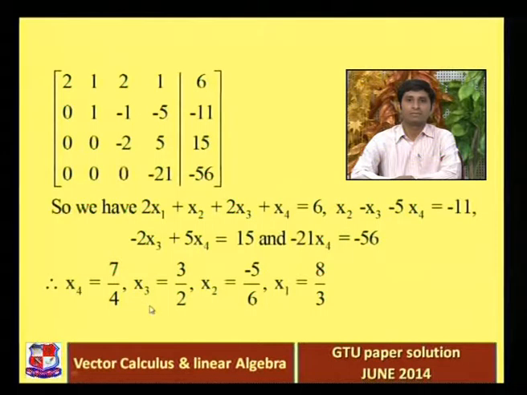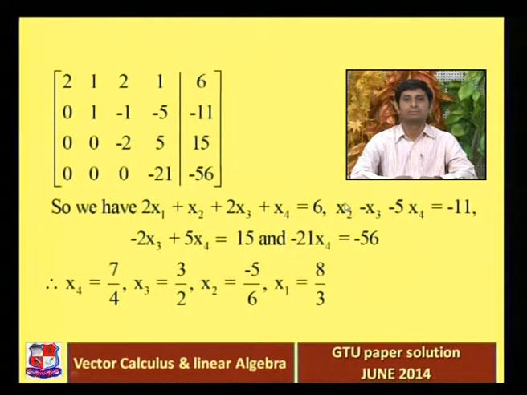Then x3 is equal to 3 by 2. When we put the value of x4 in these equations, x3 is equal to 3 by 2. x2 is equal to minus 5 by 6 and x1 is equal to 8 by 3. That we can easily solve: put the value of x3 here and you will get the value of x3.